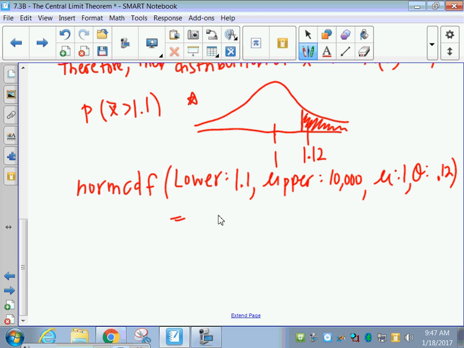Plug that in, and you get 0.2023. And then always answer the question, you guys. You don't need to watch me write this out, but when we answer the question, if you budget 1.1 hours per unit, there's about a 20% chance that the technicians will not complete the work within that amount of time, right? 20% chance. So you get to decide, if you own the company, if it's worth the risk, taking that 20% chance. I don't know.